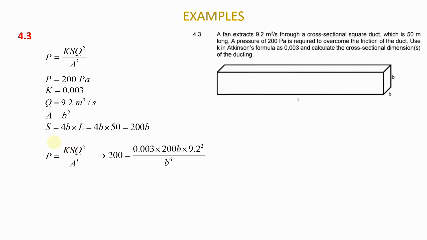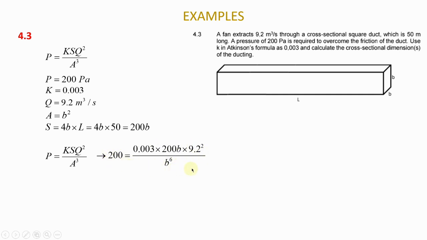We found an expression for s in terms of b, so it's 200b, multiplied by q squared. Q is 9.2, so we have 9.2 squared, and that's divided by the area cubed. Now the area is b squared, so if you take b squared and you cube that, then you will get b to the 6. And so that is the expression that we will have.